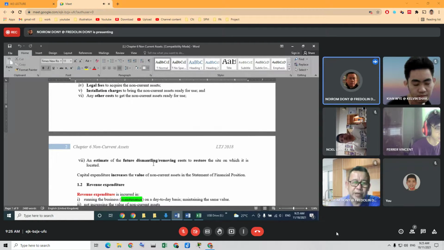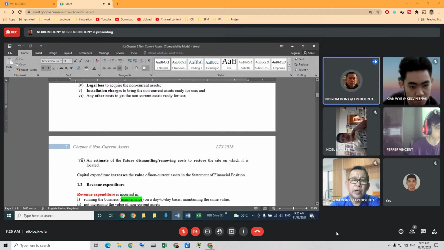So that is dismantling, removing. So we have the cost to restore the site on which it is located. We have to estimate that value and include it as part of the capital expenditure. So capital expenditure increases the value of the non-current asset in the statement of financial position.